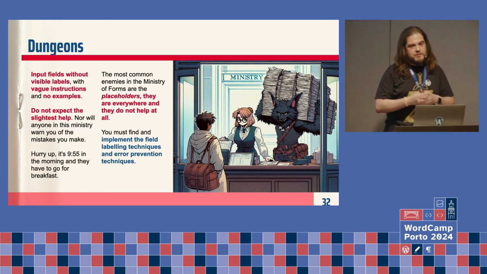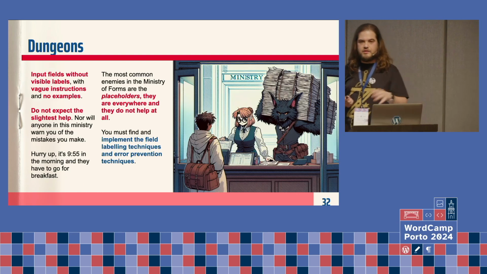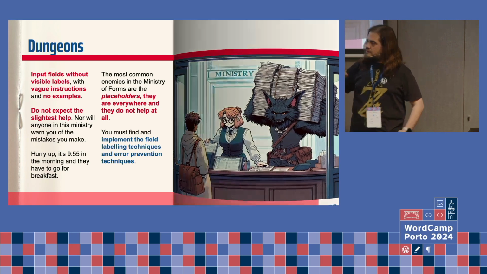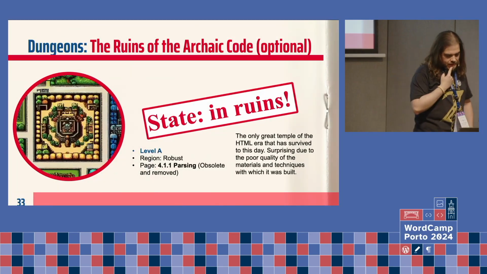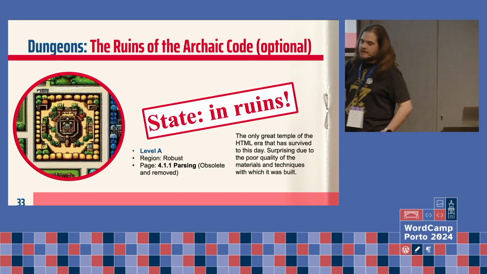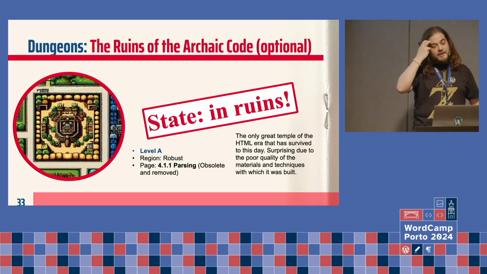Here, you will have to implement the field labeling techniques and error prevention techniques. And we get to this particular dungeon, the ruins of the archaic code, which are optional.